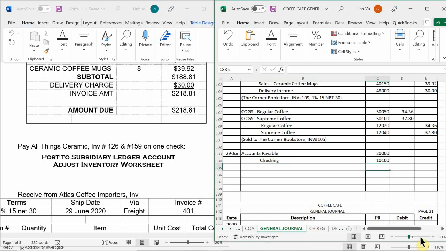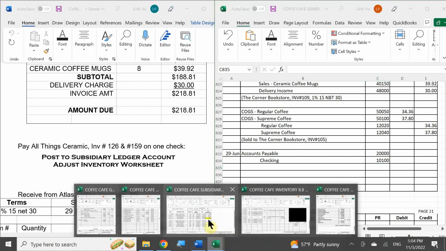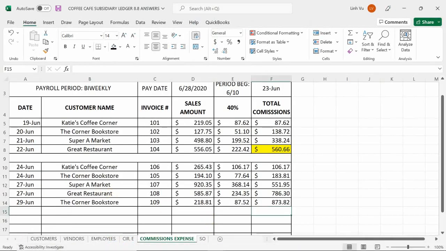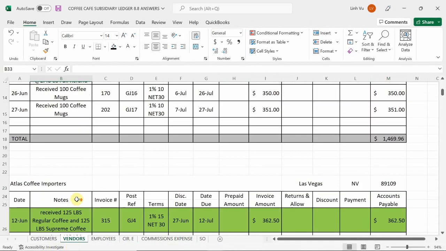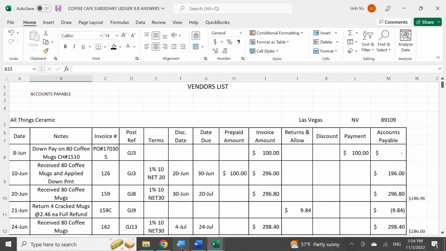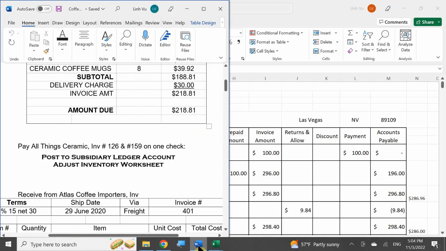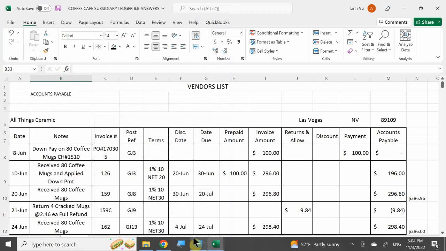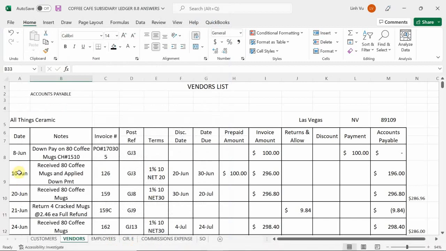So let's take a look here. Go to your subsidiary ledger. Go to All Things Ceramics, and let's take a look. You're going to pay invoice number 126 and 159, so here, you're going to pay these two.